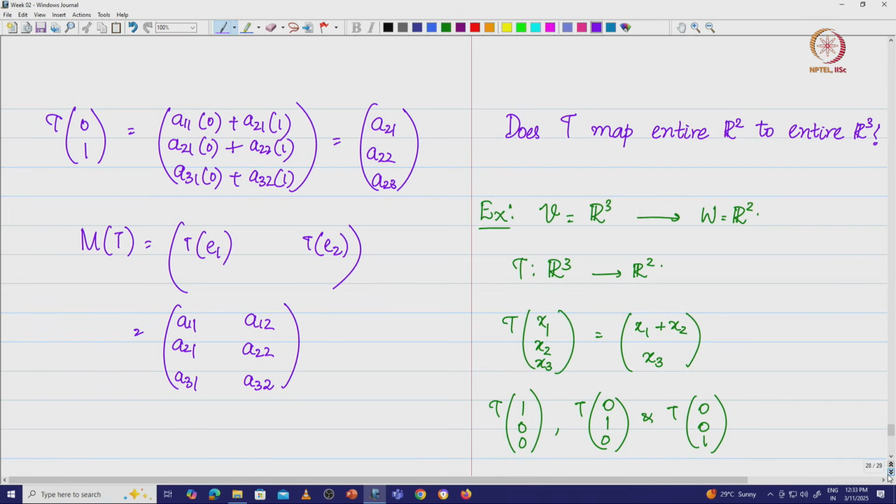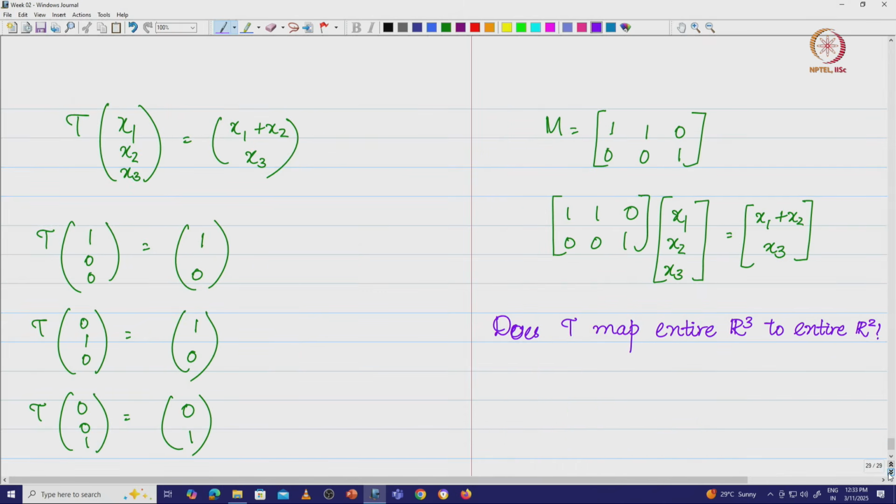Now, we know that in R3 you have 3 basis vectors, I mean 3 elements in the basis, and if you look at the corresponding matrix for this particular transformation, you could see that the vectors in the matrix are all 2 component vectors, and there are 2 of them which are linearly independent, basically 1 0 and 0 1, the linear combinations of which will give the entire plane, the entire R2.